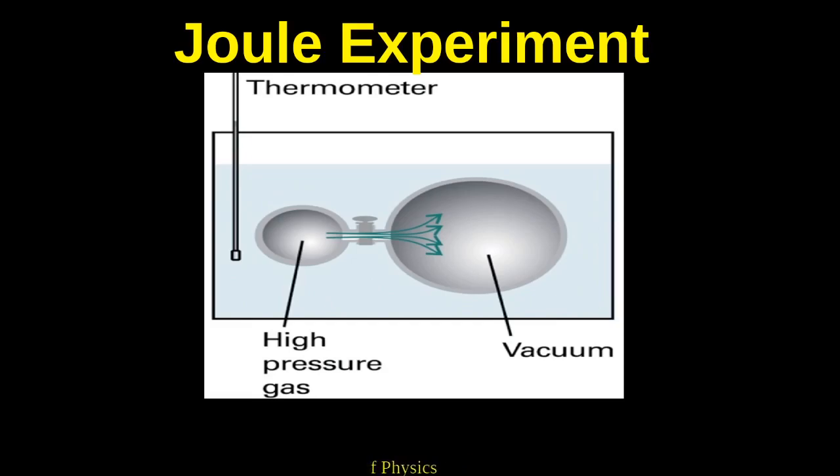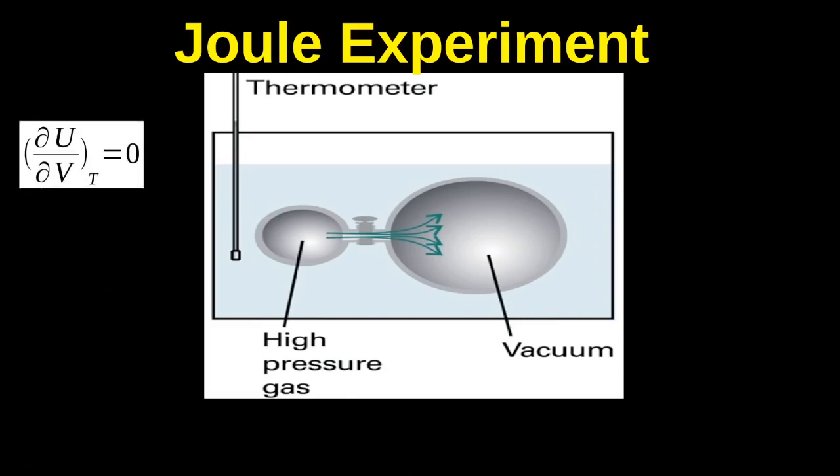Mathematically, internal energy U is a function of T: U = f(T).